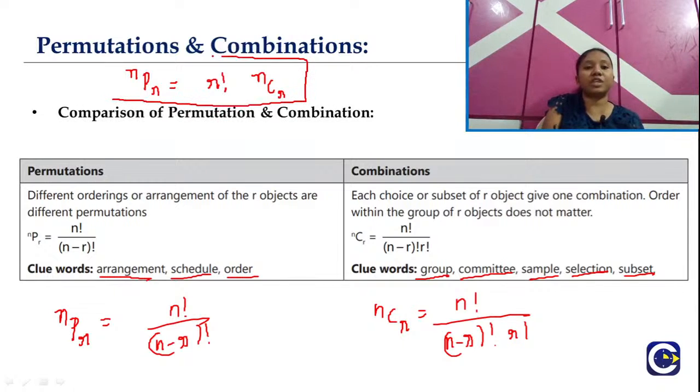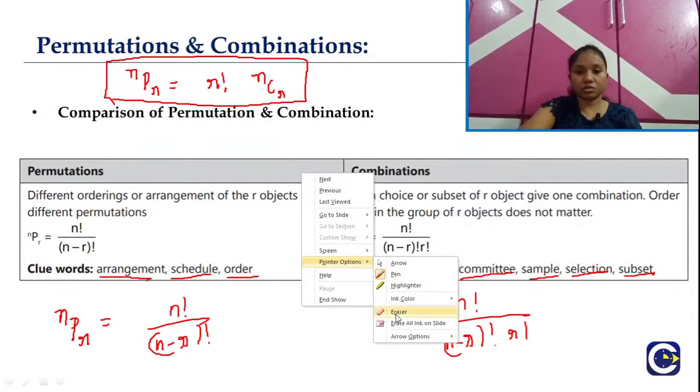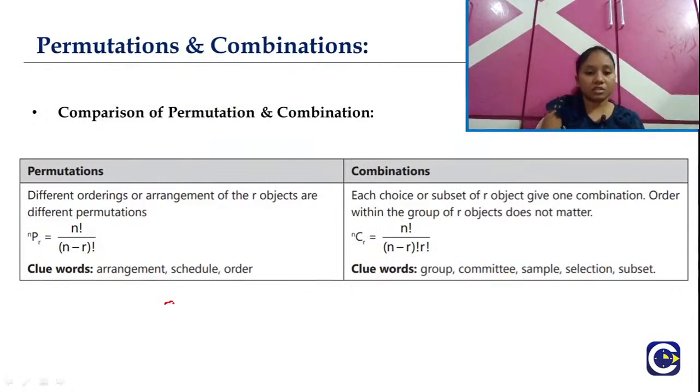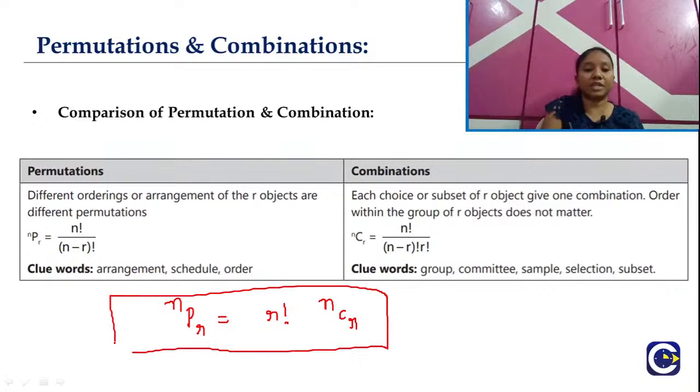So the relation between our combinations and permutations is nPr equal to r factorial into nCr. So this is the relation between permutation and combinations here. Right.